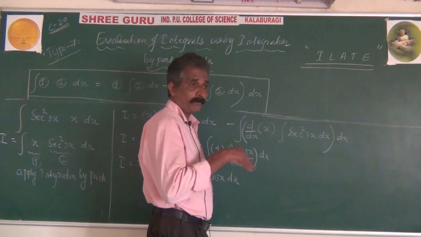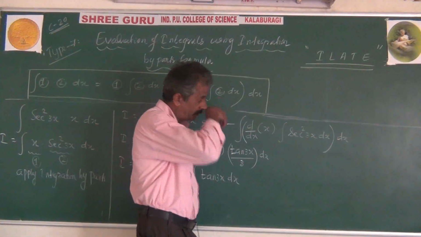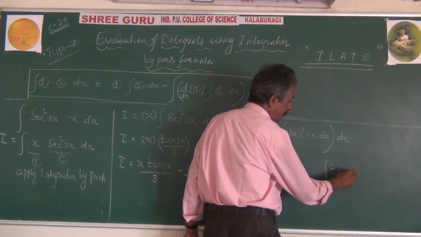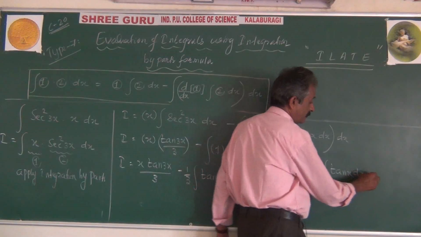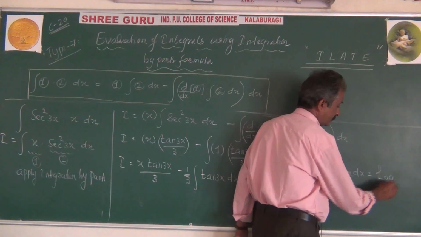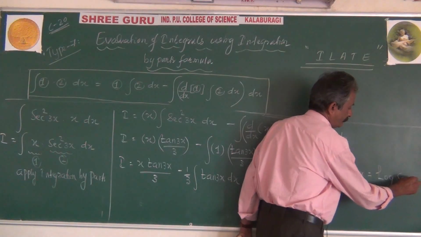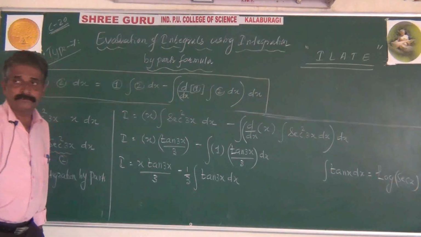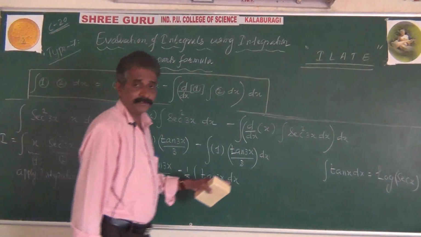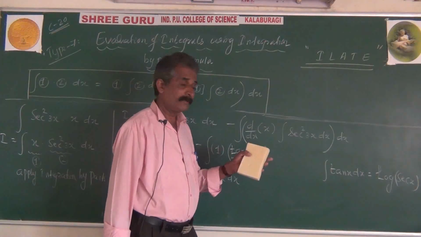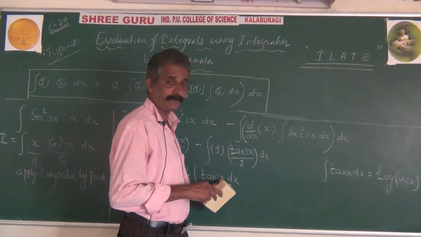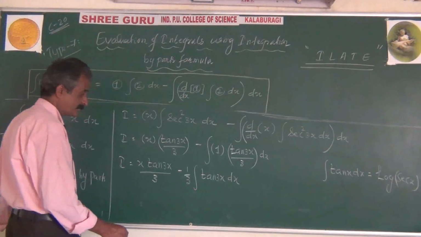We know from very early days, what is the integration of tan x formula? Integration of tan x is log of secant x. Now similarly, integration of tan 3x is log of secant 3x divided by 3 because the coefficient of x is 3. That's an important step.